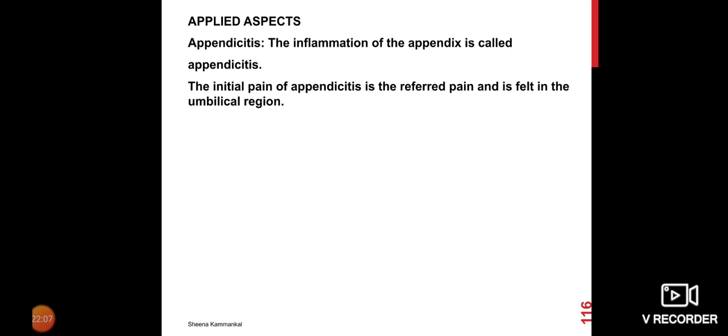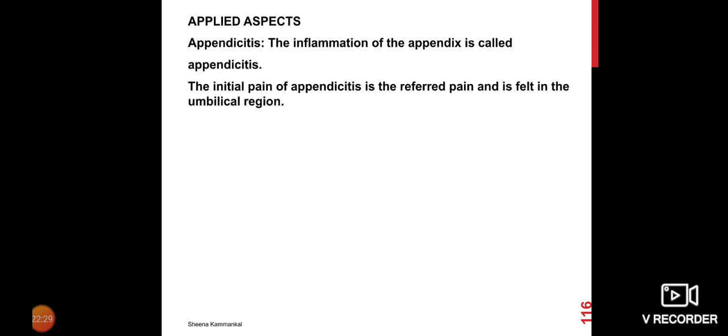This area can be located when we draw a line from the umbilicus to the anterior superior iliac spine. We know the umbilicus, but where is the anterior superior iliac spine? You can palpate it in your hip bone.